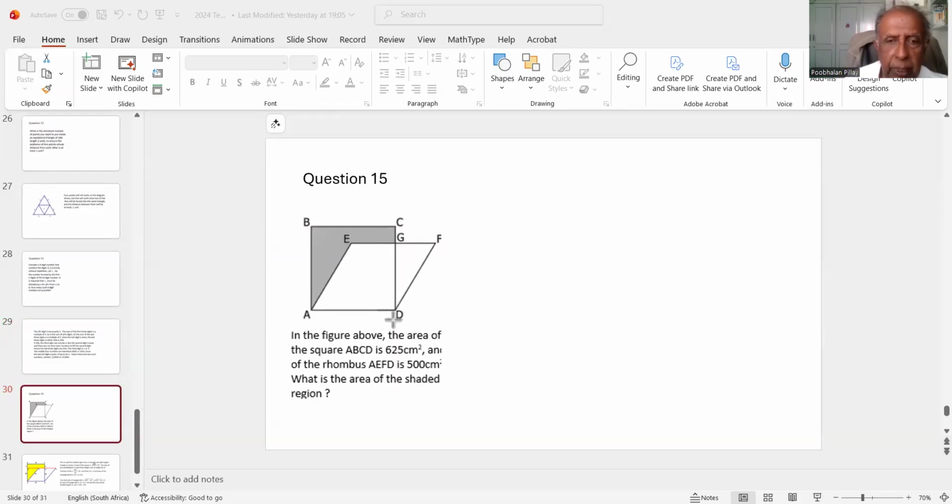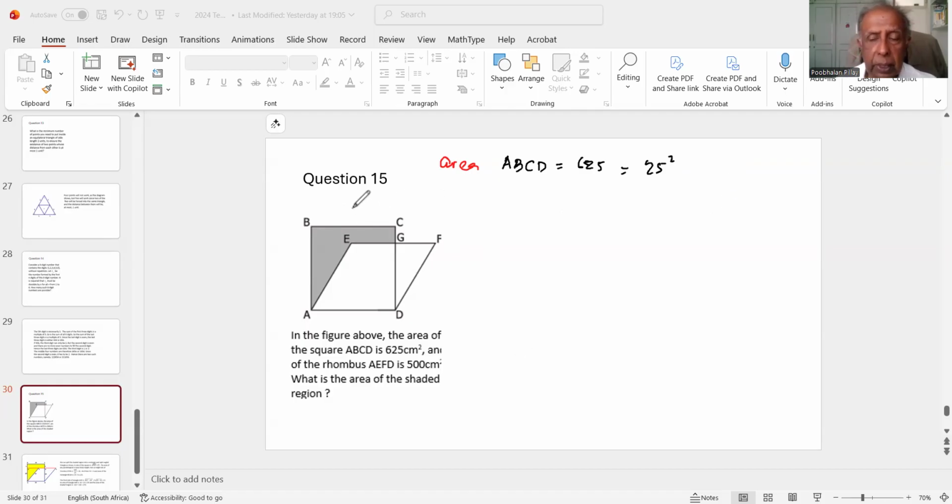The area of the square ABCD is 625. So the area ABCD is 625. But the area of the square is a side squared, and this is 25 squared.